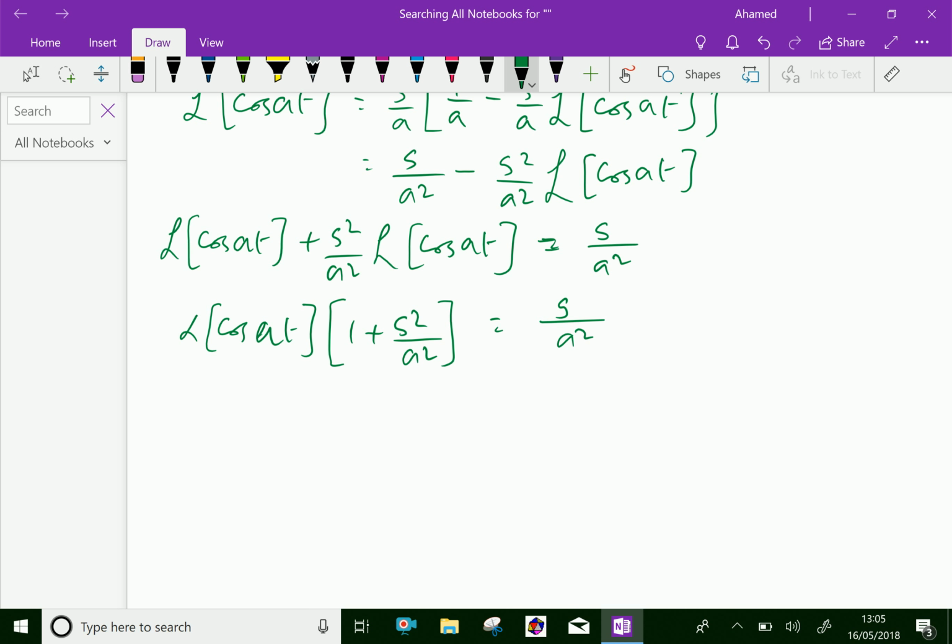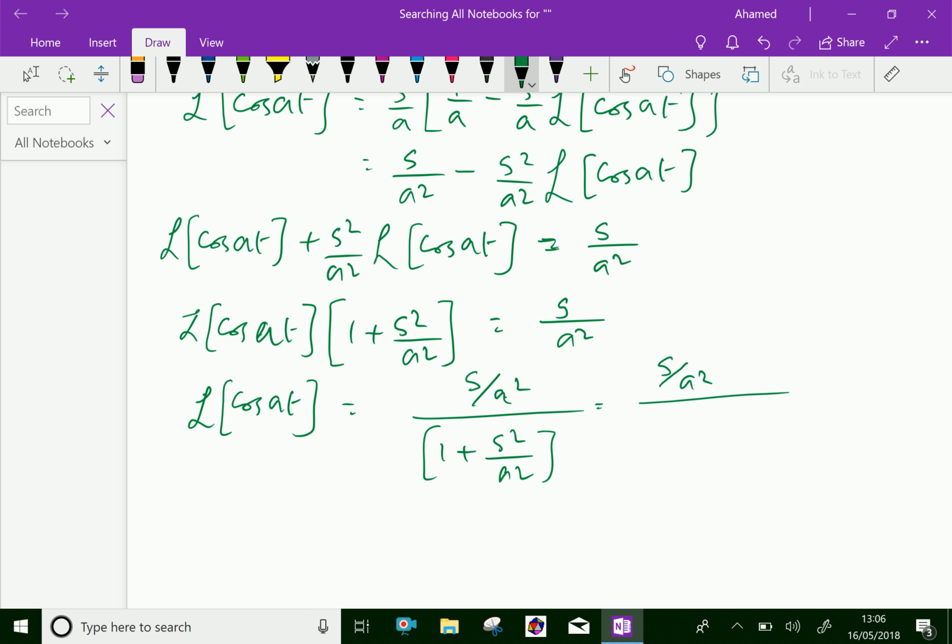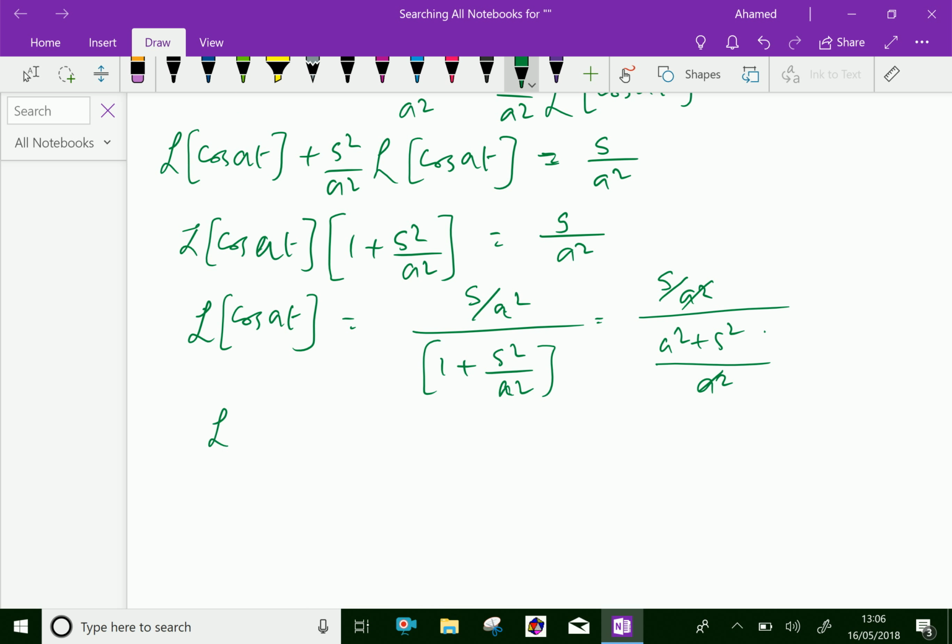Therefore Laplace transformation of cos at equals s over a square over 1 plus s square over a square, which is equal to s over a square, taking LCM as a square here, into a square over a square plus s square. Then a square and a square cancel, so we can write Laplace transformation of cos at equals s over s square plus a square.